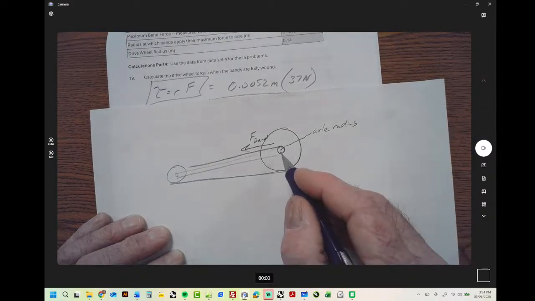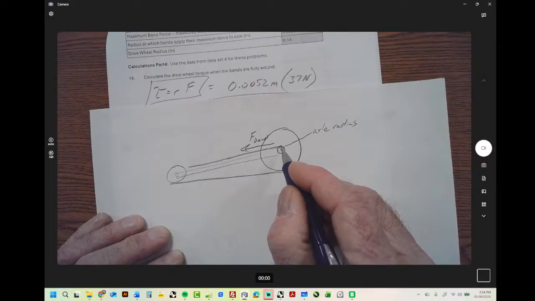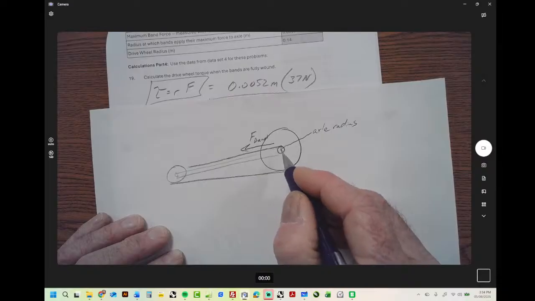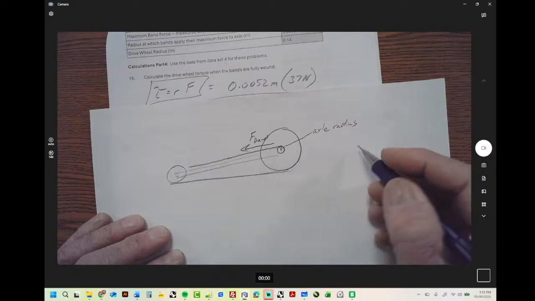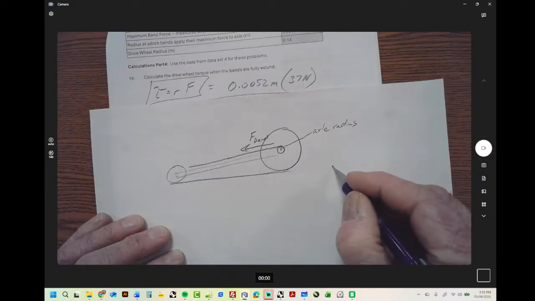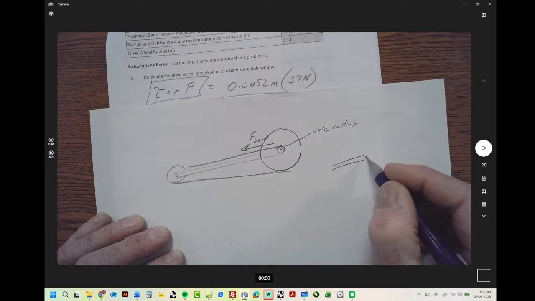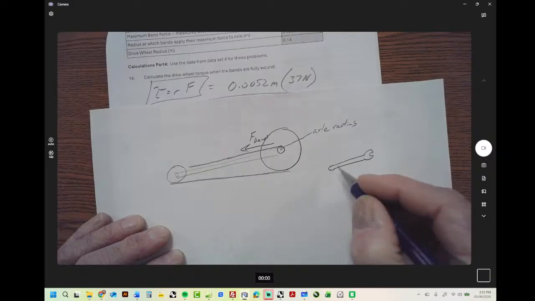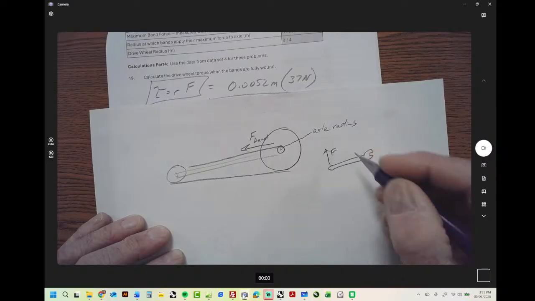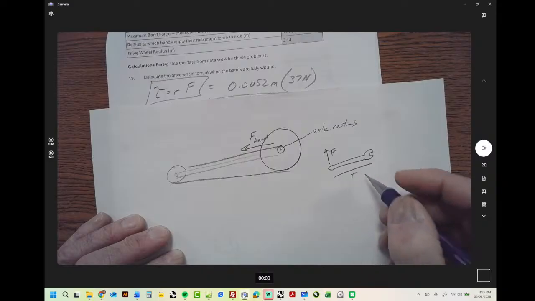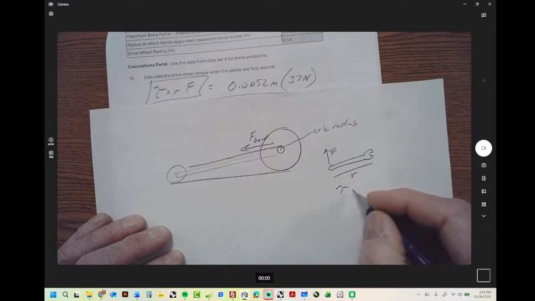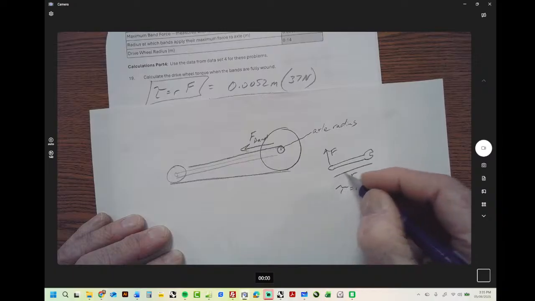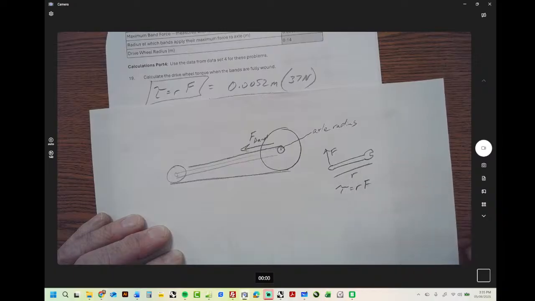The torque applied to something is the force applied at the edge of the thing multiplied by the radius. So at the beginning of this unit, there was a picture of a wrench. And you apply a force here, R, we call the lever arm, and the torque is just the lever arm length times the force.